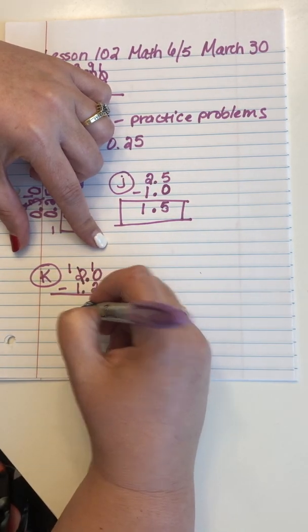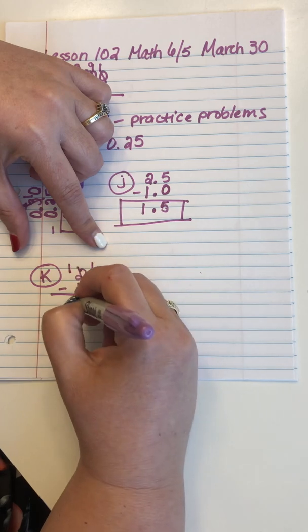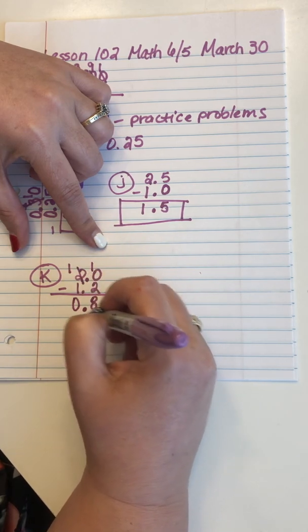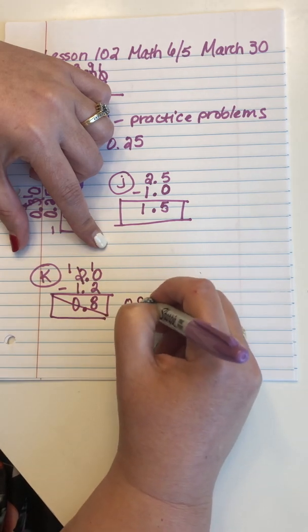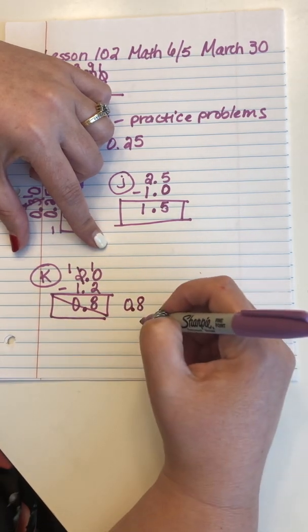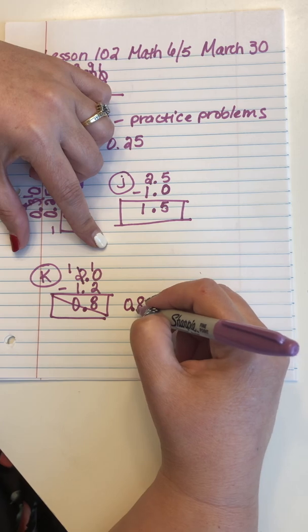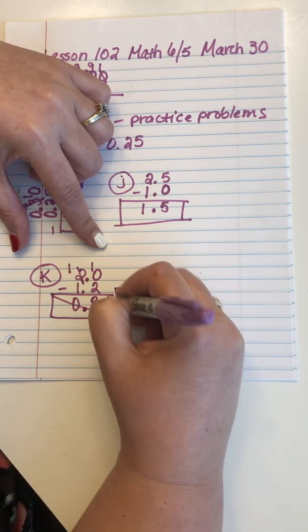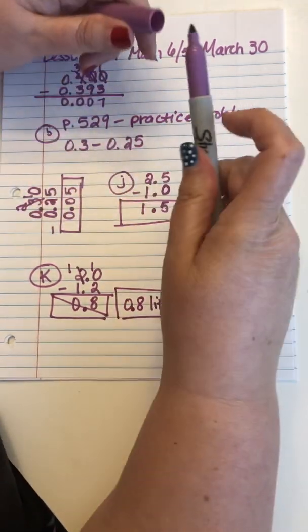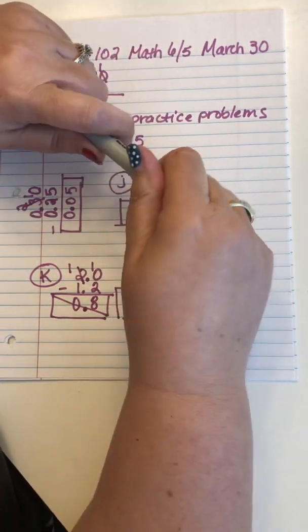Bring our decimal straight down. 1 minus 1 is 0. And am I done yet? No, I'm not, because I didn't put my units. So 8/10 of a liter. Now I'm done.